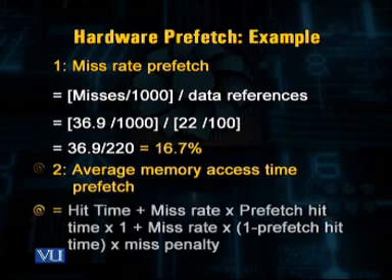Now, the average memory access time with prefetch caches is given by the expression: hit time plus miss rate multiplied by prefetch hit rate multiplied by 1, plus the miss rate multiplied by 1 minus the prefetch hit rate multiplied by the miss penalty.